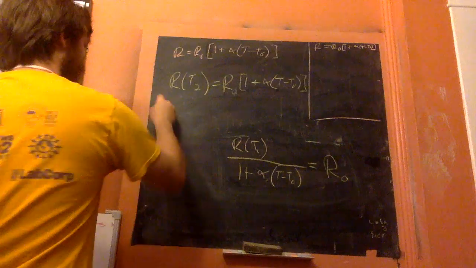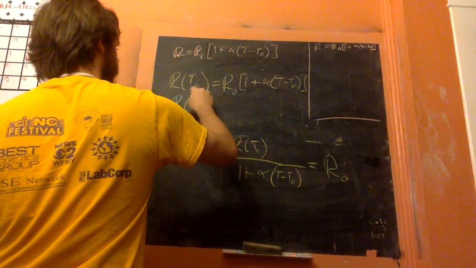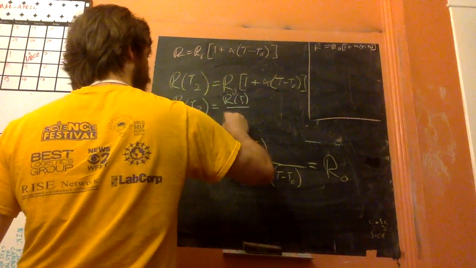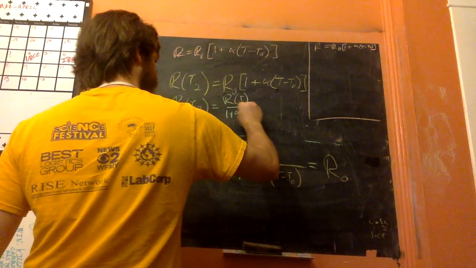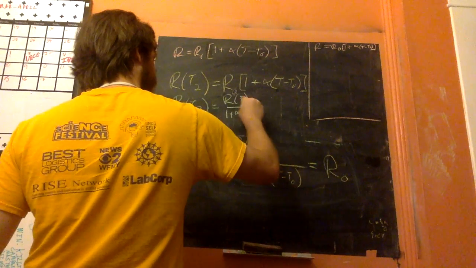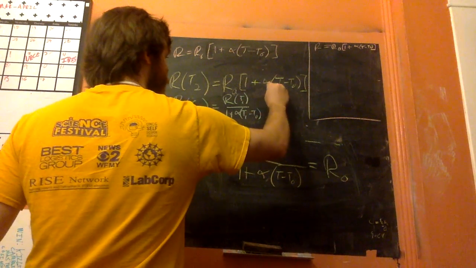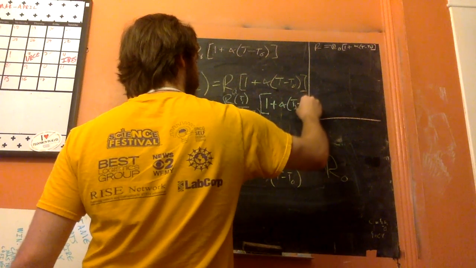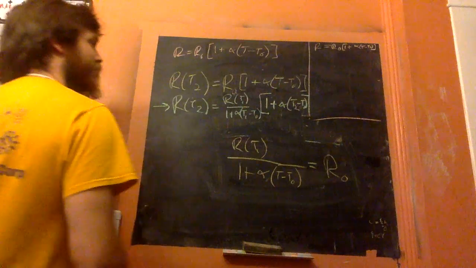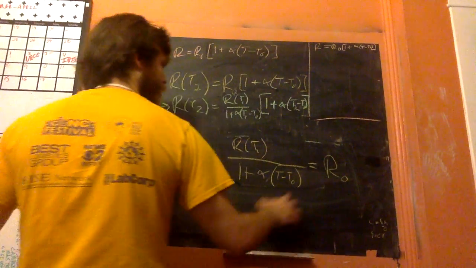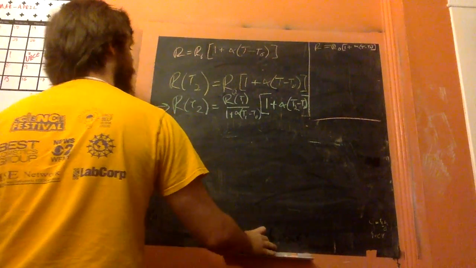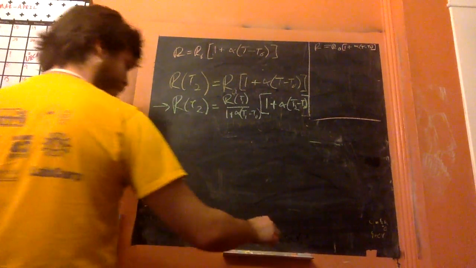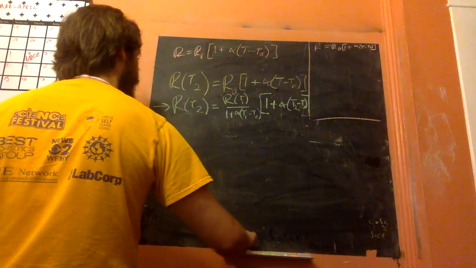So this implies that R of T2 is equal to R of T1 over 1 plus alpha T1 minus T0, times 1 plus alpha T2 minus T0, which is distinctly not the same as putting this in terms of R of T1. So, I'll write it really big, then I'll circle it, and we'll move on.